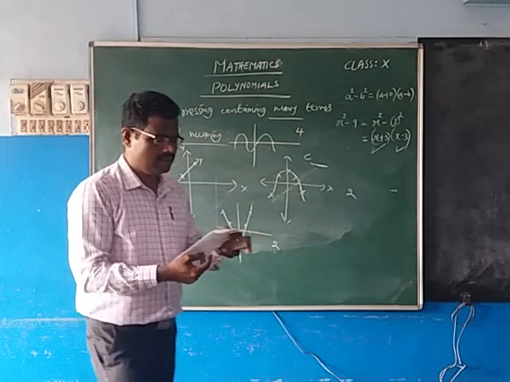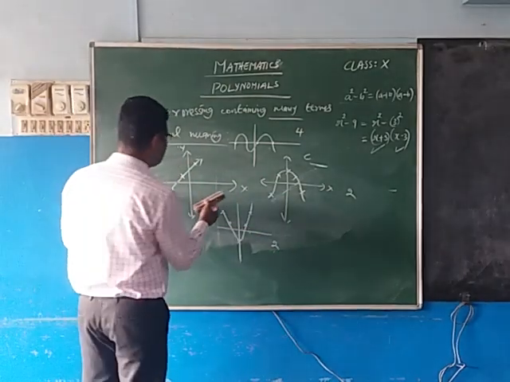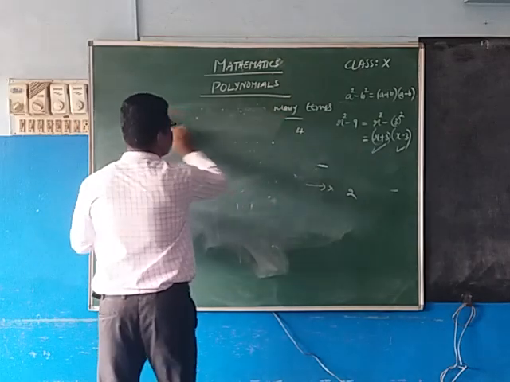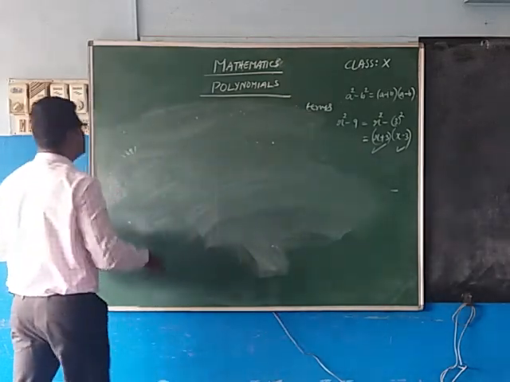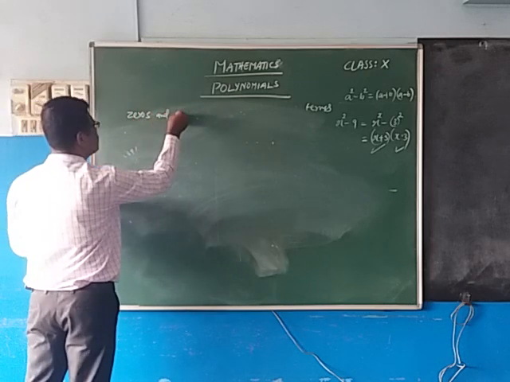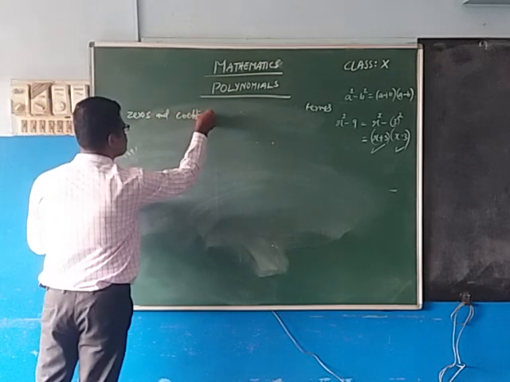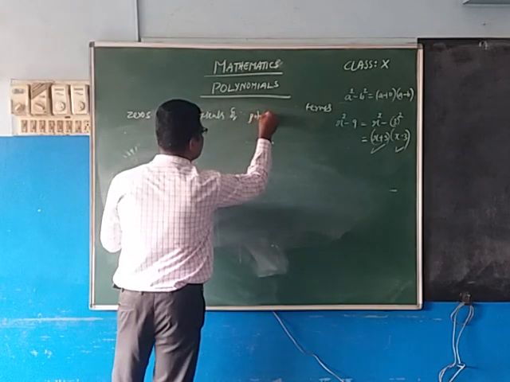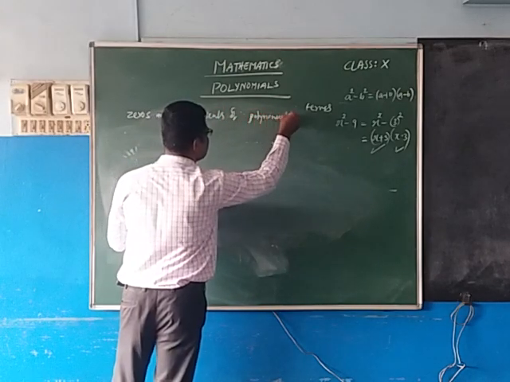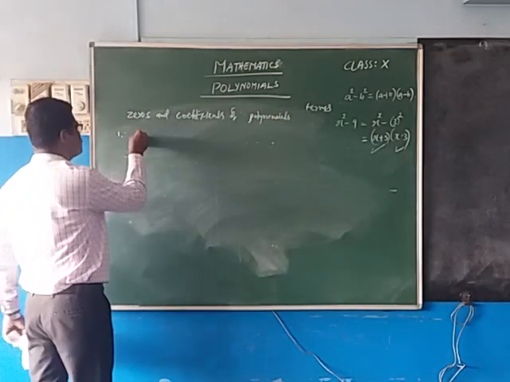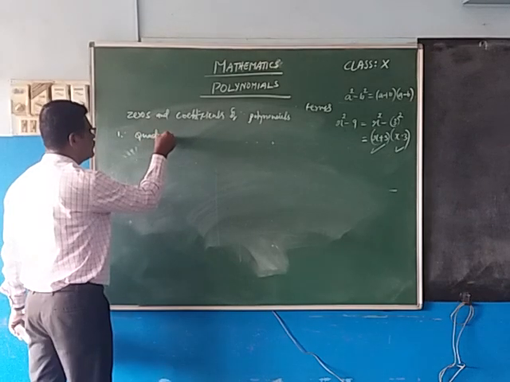Now, let's see the relationship between coefficients and zeros of a polynomial. Especially the first one is for a quadratic polynomial.